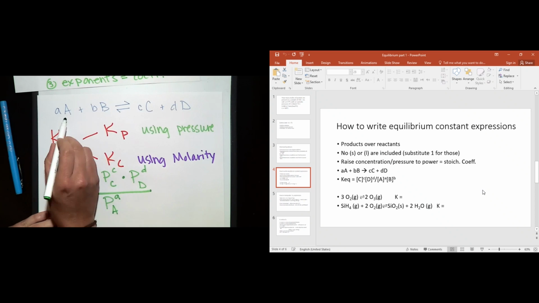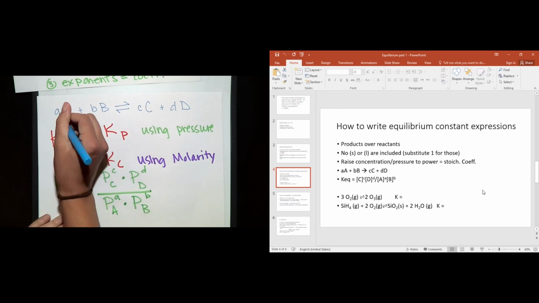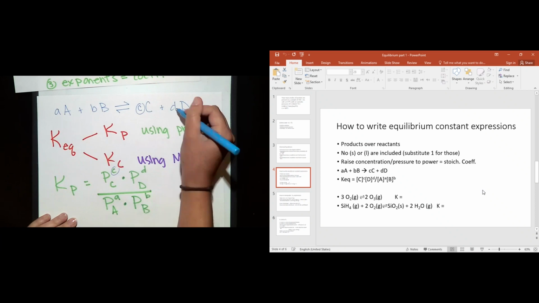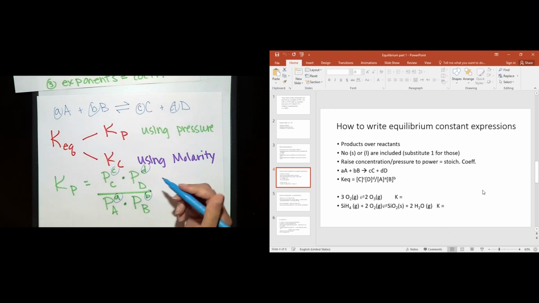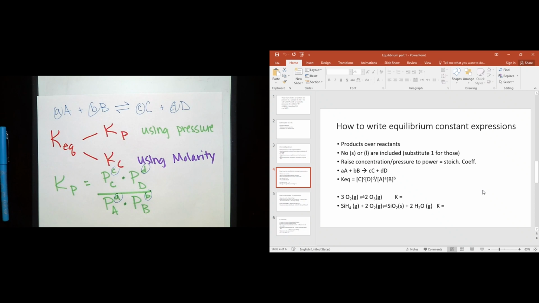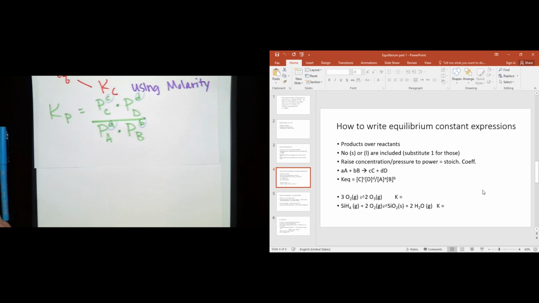The pressure of a reactant A to the little a power times, very important, this is times and not added, the partial pressure of B to the little b power. So, very important to note, that's where those come from. The coefficient is the exponent, and this is multiplied, not added. Again, it has to do with collision theory, so how many different ways the molecules can orient themselves and crash into each other to cause a reaction.